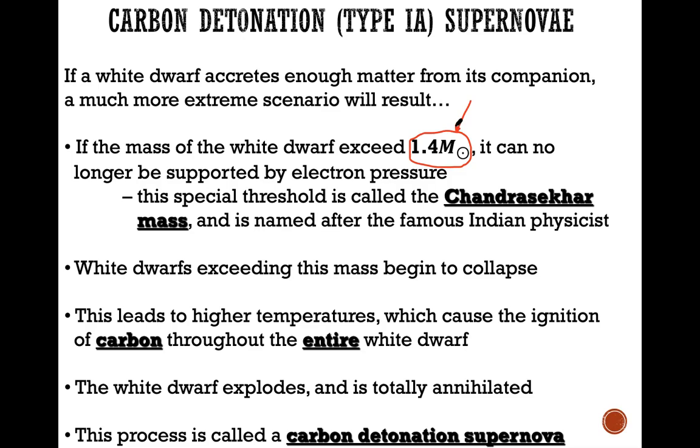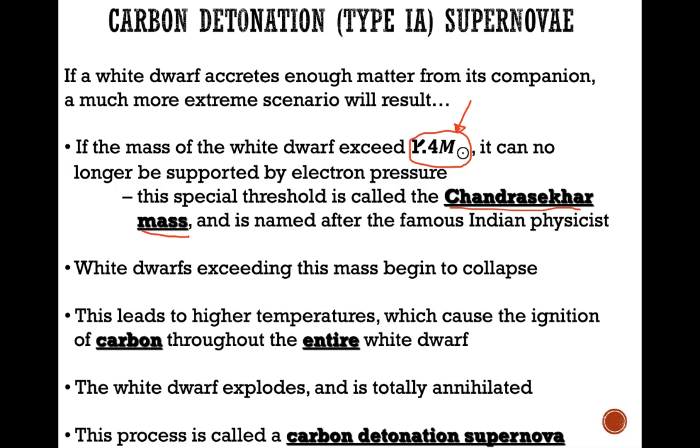And there is a specific name for this particular value. It is called the Chandrasekhar limit, because he is an Indian physicist, and he is the one who discovered this particular process, especially this value of 1.4 solar mass. Because of that, it is called the Chandrasekhar limit, right?